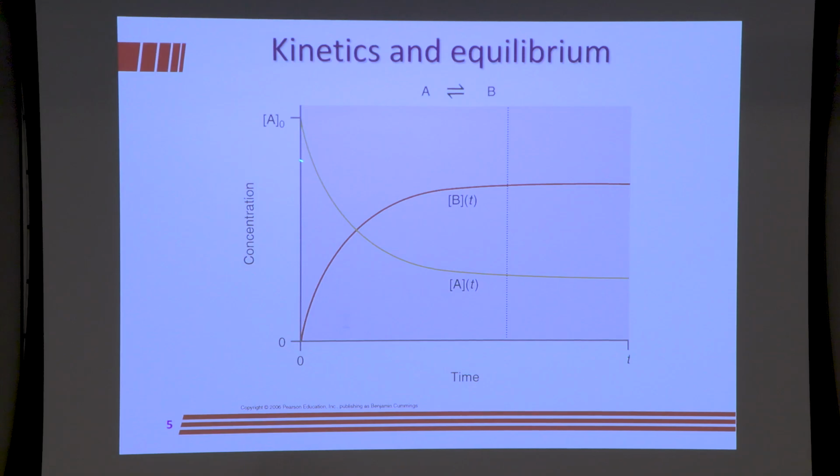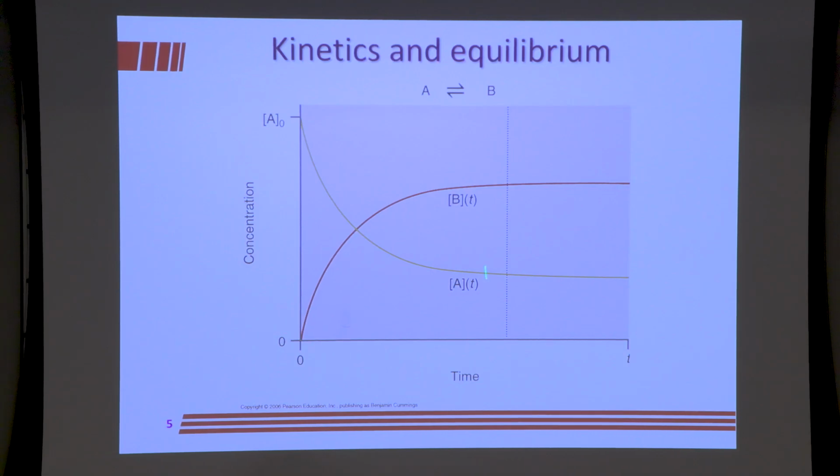If nothing happens, then there's no reaction. But according to this equation, A can go to B, and then after a certain time, B can go back to A. So A is reacting to produce product B, so A decreases in concentration with time, and B increases in time.